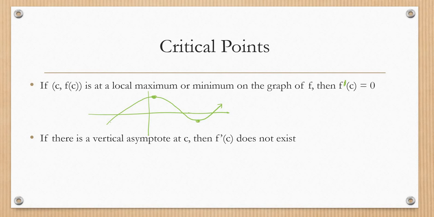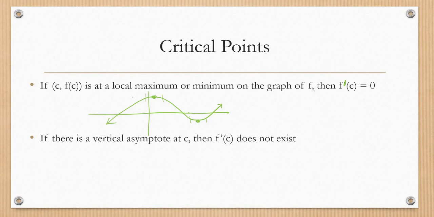Now this may not be the highest or lowest point on the graph overall, but for this area and for this area, this is a maximum value and this is a minimum value. If the point c, f of c, this point here, is a local maximum or minimum, then f prime at that point will be 0.